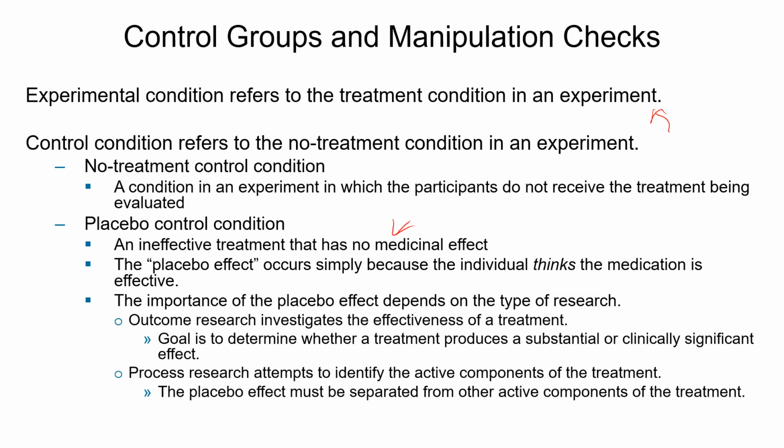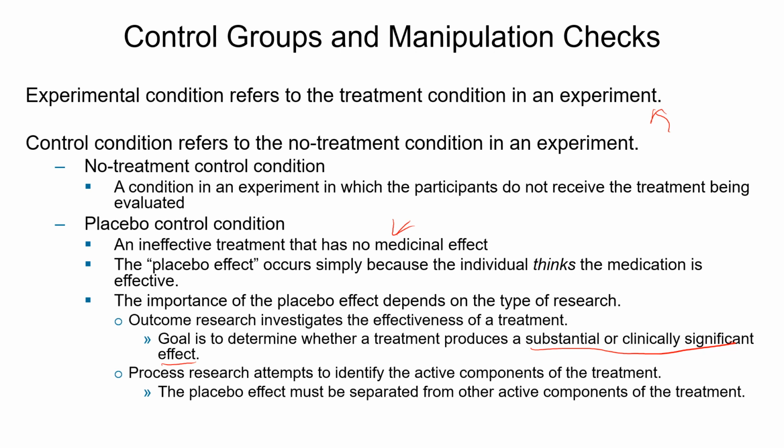And the whole placebo effect depends on the type of research we're doing. Outcome research that investigates the effectiveness of treatment has the goal to determine whether a treatment produces a substantial or clinically significant effect. So what that means is, let's say we give drug A to people and it has an effect, and that effect is even slightly more than the placebo effect.